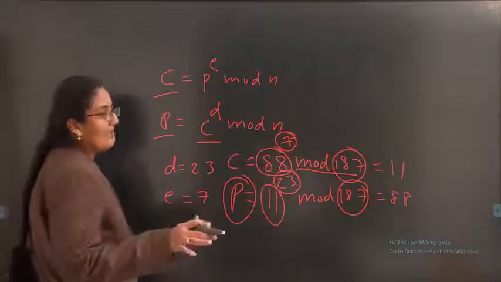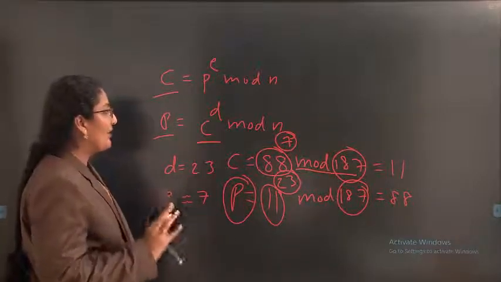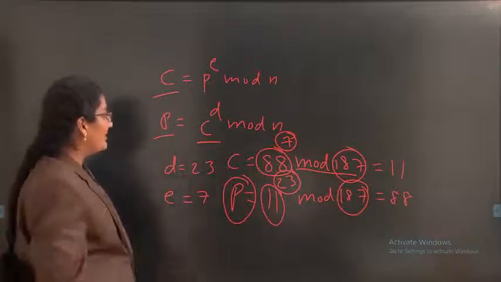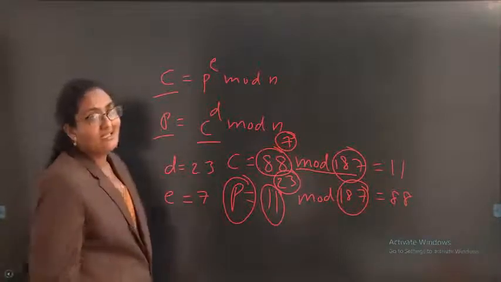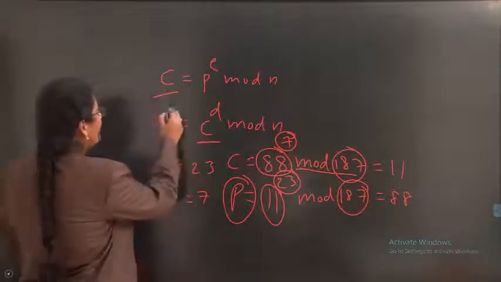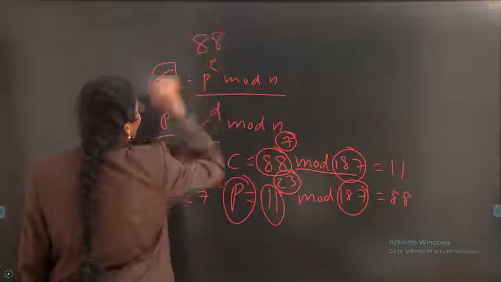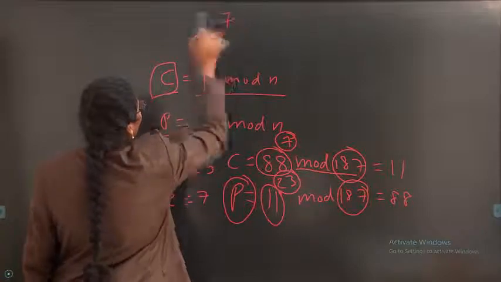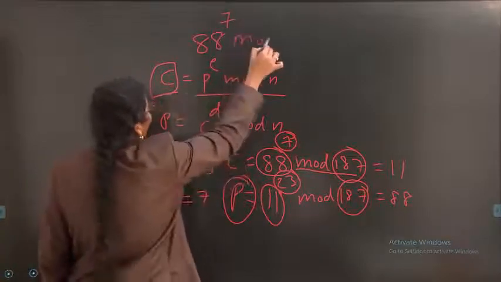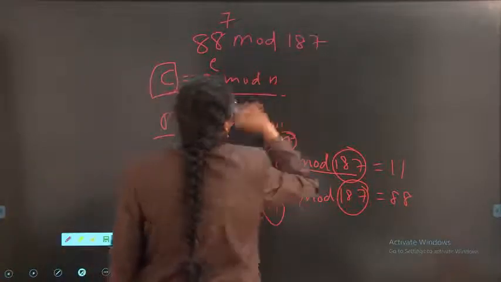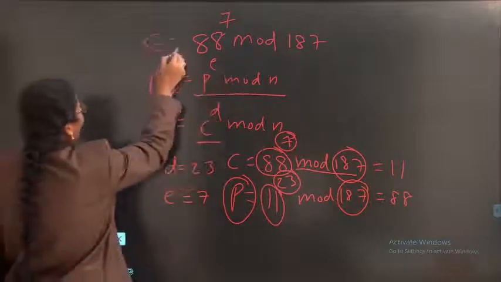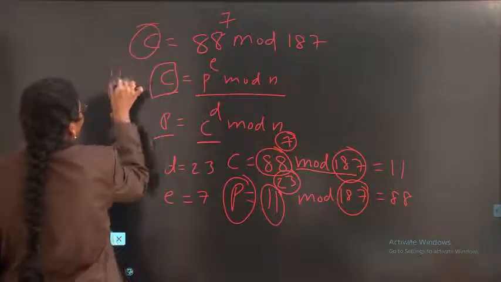So we have all the values: p, q, n, phi of n, e, d, everything. By using the extended Euclidean algorithm, ciphertext is nothing but P power e mod n. So 88 is the P value, the e value is 7, mod n is 187. If you solve this, you will get the C value, and that C value will be 11.